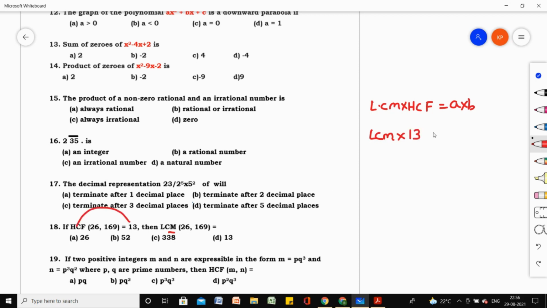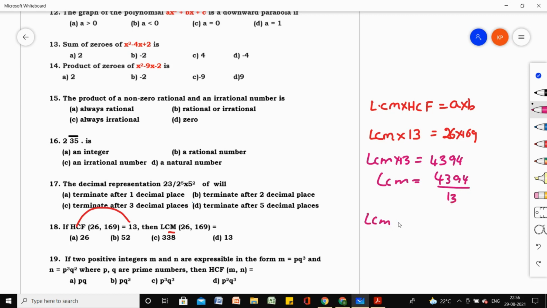So I am replacing HCF with 13, and the product of the two numbers is 26 and 169. So LCM into 13 is equal to 4394, and LCM will become 4394 divided by 13. So 4394 divided by 13 is nothing but 338. So the correct option for this 18th question is C, 338.